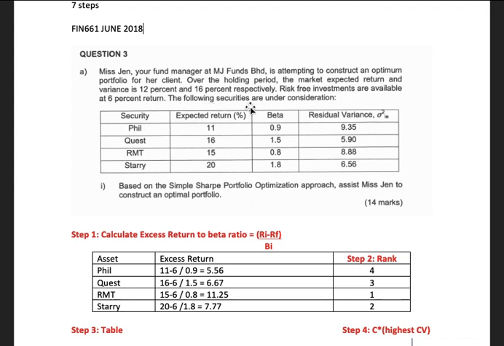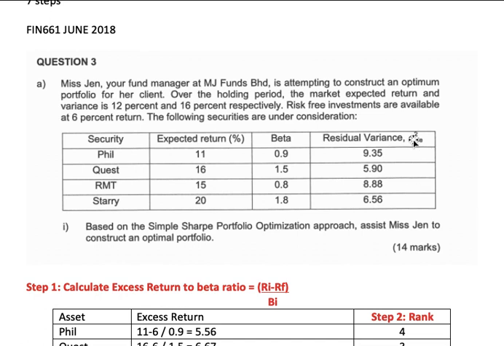The following securities are under consideration. Given securities Field, Quest, RNT and Starry, so P, Q, R, S, given the expected return, the beta and the residual variance. This one is the symbol of the residual variance. If you can see, the residual variance has a square and has an i, e at the back.